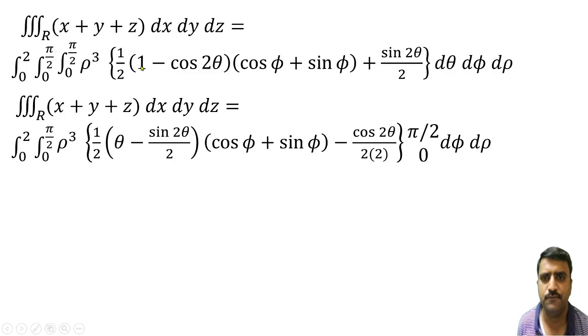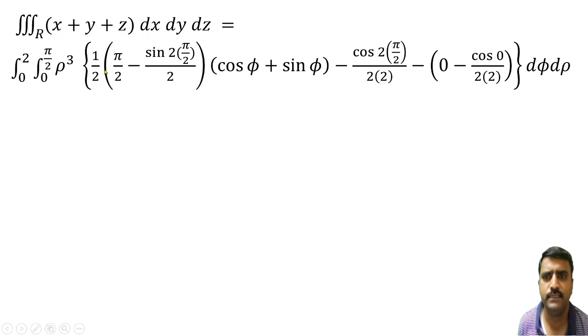So integration of 1 with respect to theta is theta minus integration of cos 2 theta is sin 2 theta by 2 cos phi plus sin phi minus integration of sin 2 theta is minus cos 2 theta by 2, 2 into 2 it becomes 4, with limit 0 to pi by 2 into d phi d rho. You can use the reduction formula also, because the limit is 0 to pi by 2. So you can use the reduction formula when you are integrating this. Okay. So next step we have.